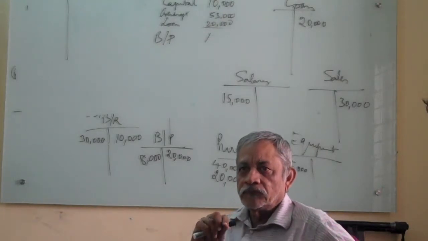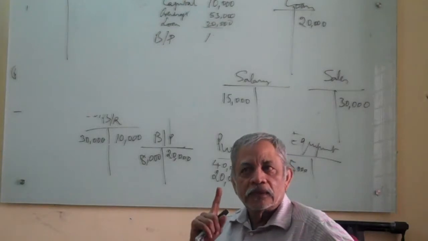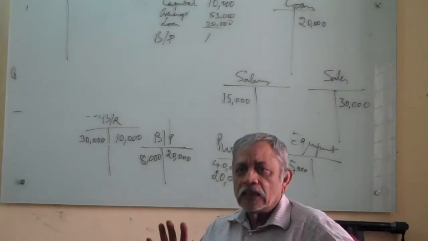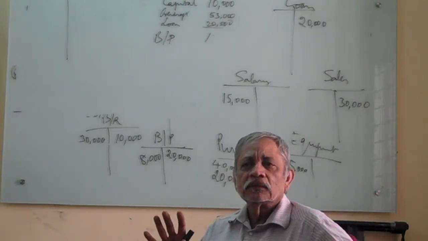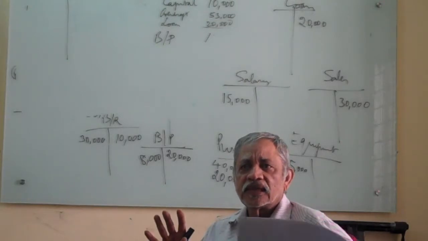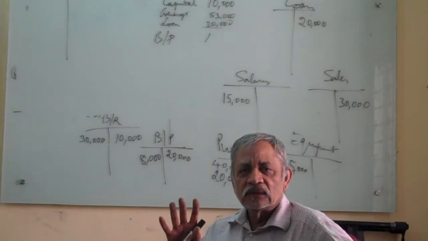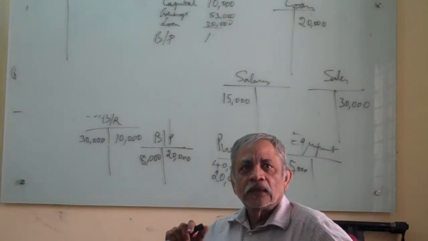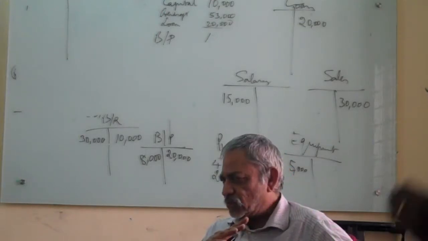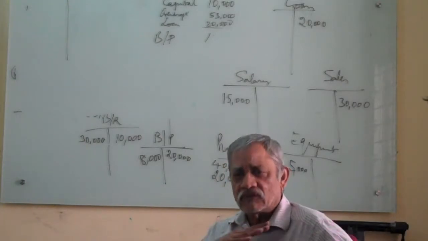Take all the time in the world, do it once, thoroughly, and do the same 20 times, instead of doing 20 different problems. So the loan account is a liability. Close the books. First you close, and confirm to me that all of you have closed all the books.